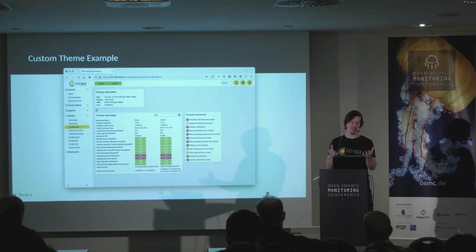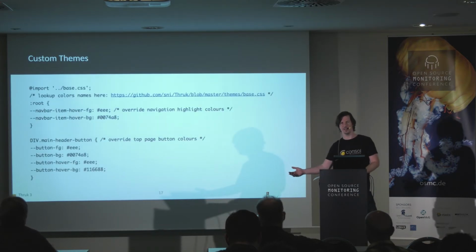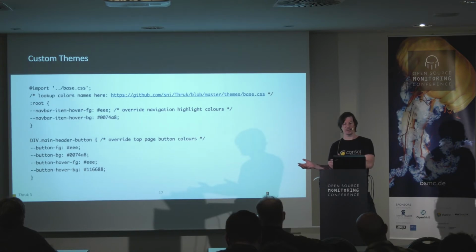They just want to maybe have their corporate colors in there and a new logo, and then that's it. And doing it like this, it's maintainable. Actually, it wasn't before, because you had to look at what changes had been done to the CSS, and well, this way you can just import the base theme, add some colors on top, and then you're done.